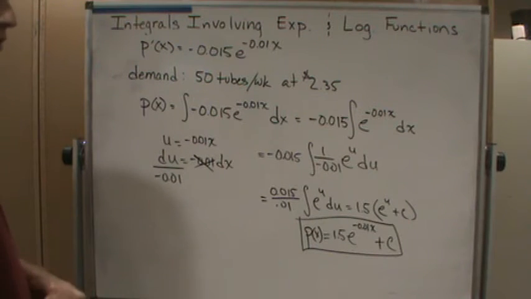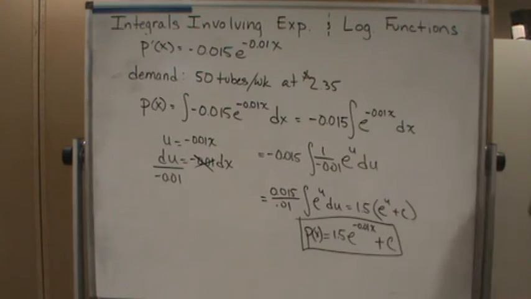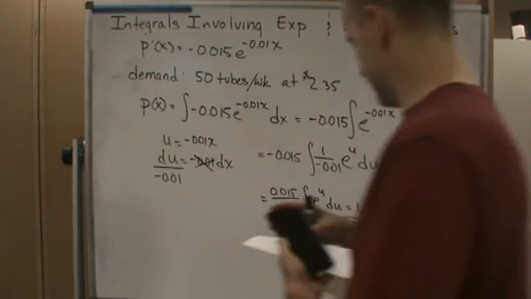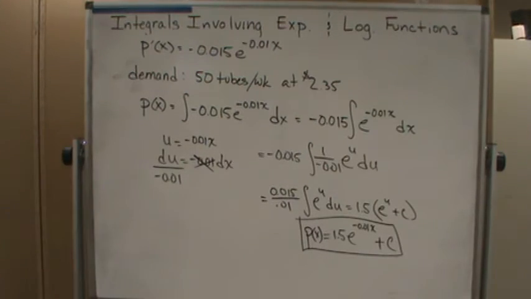By the way, let's check to see. I'm just curious. They said that 50 tubes per week was at $2.35.